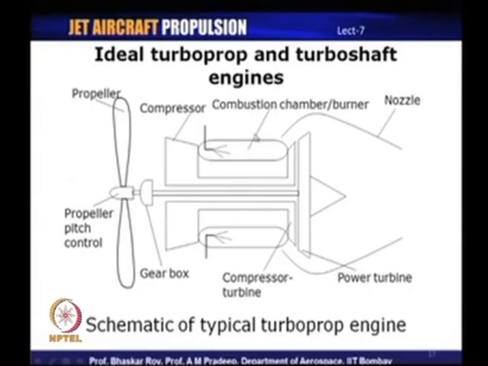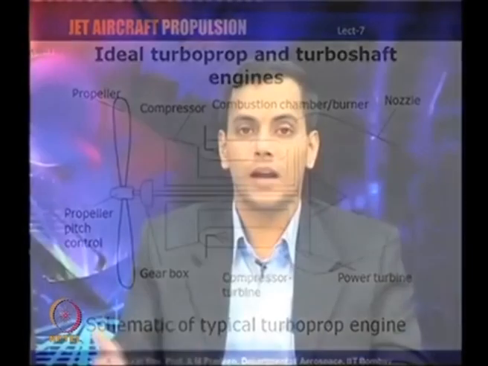So, here again you can see that many of the components are common to that of a turbojet engine, like compressor, combustion chamber, turbine. So, these components are present even in a turbojet. It is also present in a turbo shaft, a turbo fan engine, and obviously it is also there in these engines, that is turbo prop and the turbo shaft engine.